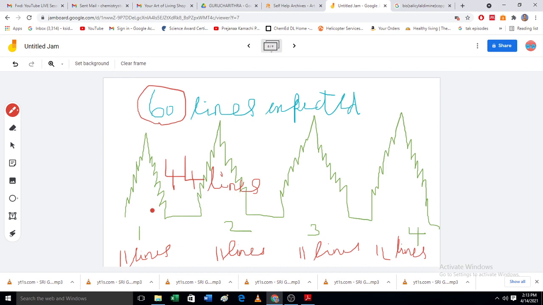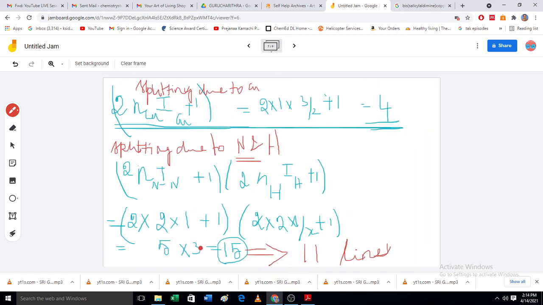So here you can get 4 peaks like this, and each of these 4 peaks has 11 lines. Why? Because of the 15 lines, some are merged with one another, so you get 11 lines. So ultimately you have 44 lines in the ESR spectrum of this salicylaldimine copper 2 complex.